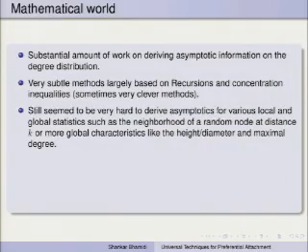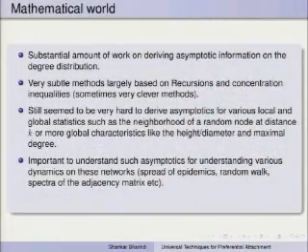But as Noam told me, it was difficult to understand the actual neighborhood around a random node and various other questions, more global characteristics. These questions are very important to understand, say, mixing time of random walks or the spread of epidemics on these networks, and also something I'll talk about today, the spectra of the adjacency matrix for these trees and networks. It's important to understand a much better local picture, as well as the maximal degree and so on.